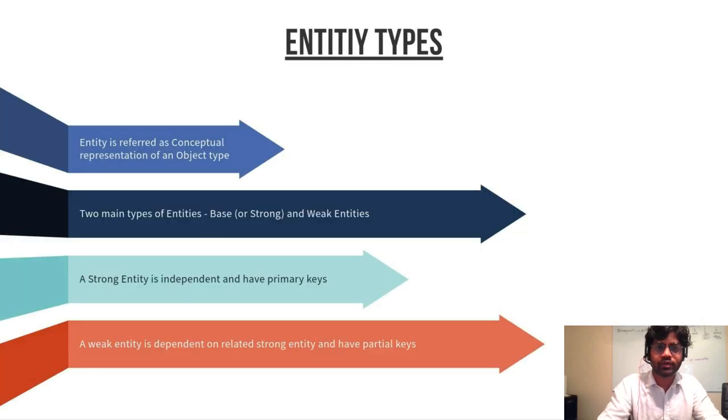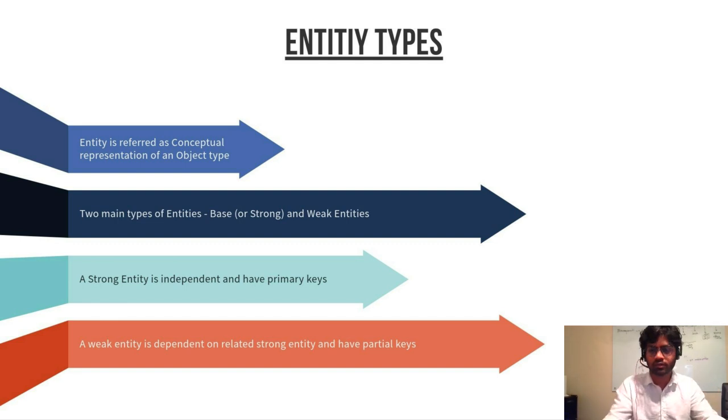Now, let's understand what are the types of entities. In databases, an entity refers to any real object or concept that we want to store data about, like an employee, a product, or a department. There are two types of entities. Let's be brief about them: the strong and the weak one.